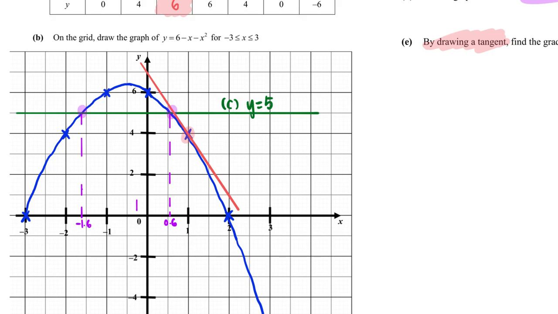And we just need to find 2 points on this tangent line in order for us to find the gradient. So I'm going to make use of this point here, which would be (0, 7), and perhaps this point here, (2, 1).